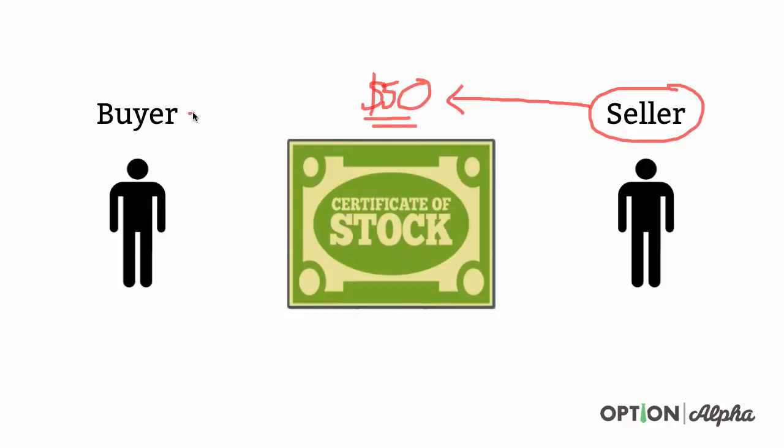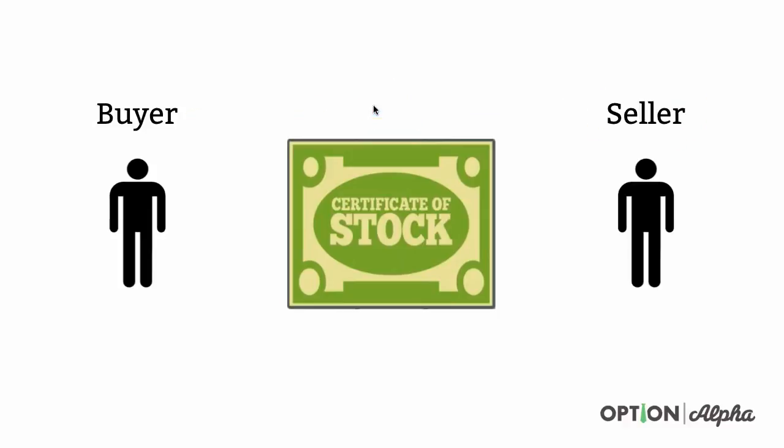The option buyer has paid you money to make the decision on whether they will buy or not buy the actual stock based on the options contract. So the right to buy or not comes with the option buyer. They pay for a right. They pay for the choice to buy or sell that stock or not in the future.